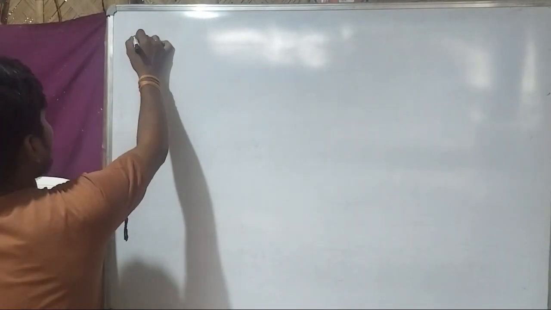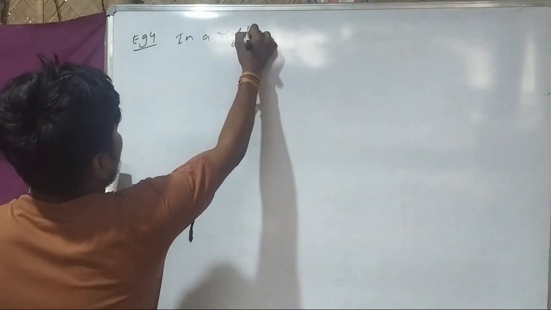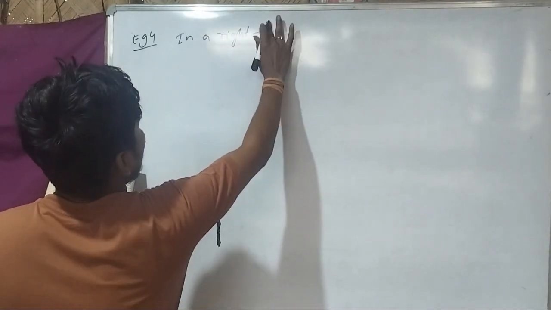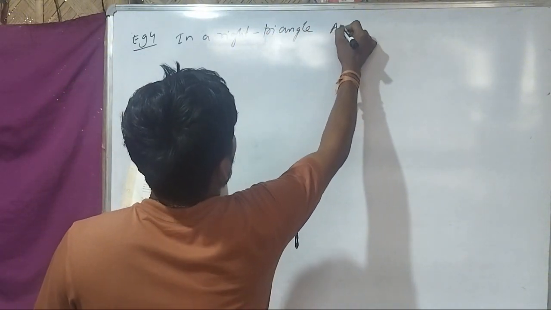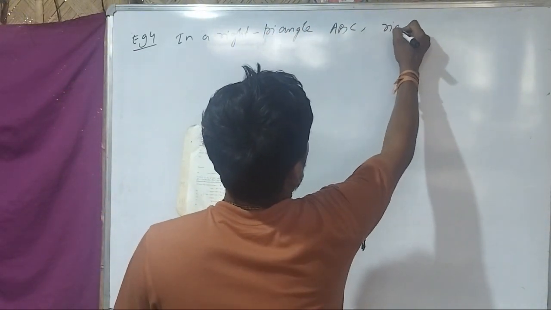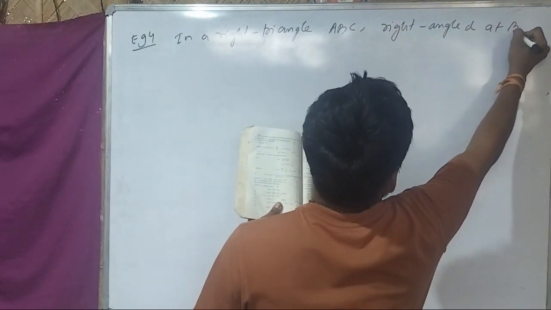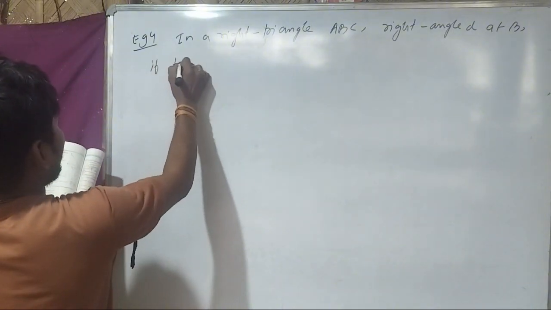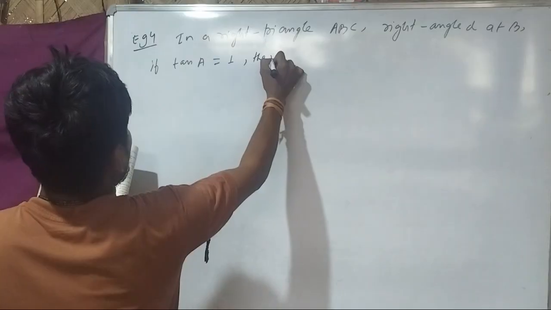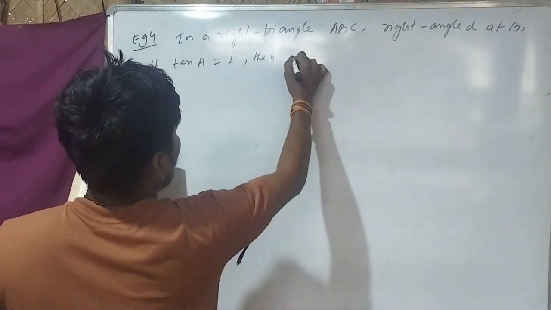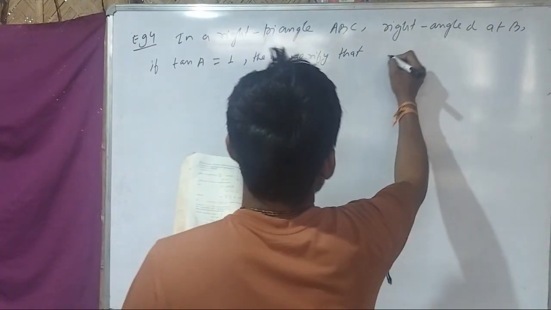Example 4. See what is given. In a right triangle ABC, right angled at B, if tan A equal to 1, then verify that 2 sin A cos A equal to 1.